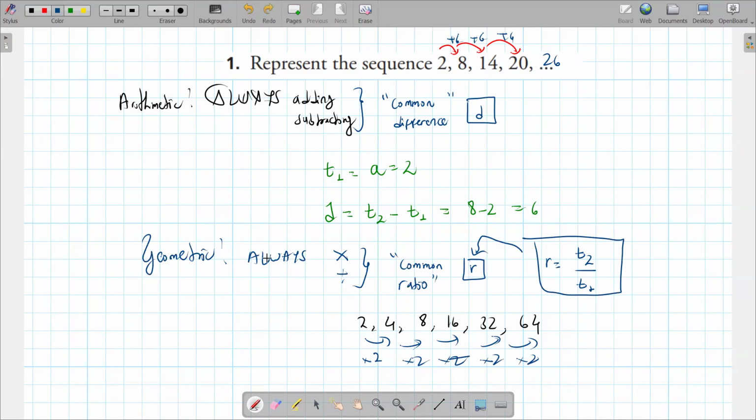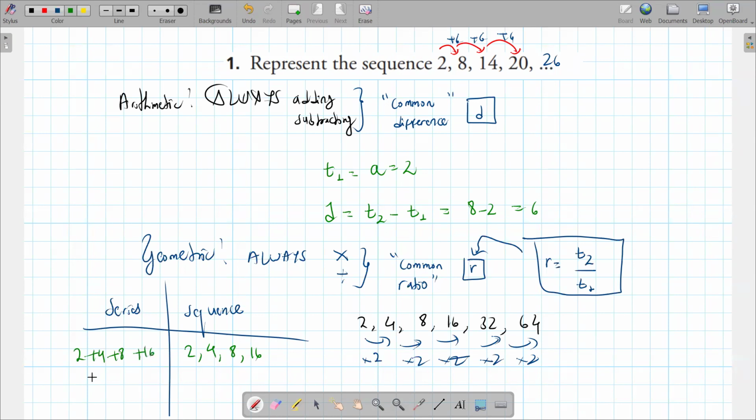Now the difference between a series and a sequence is something like this. 2, comma, 4, comma, 8, comma, 16. That's going to be a sequence, but 2 plus 4 plus 8 plus 16, or 2 minus 4, a combination of plus and minus, these are series.